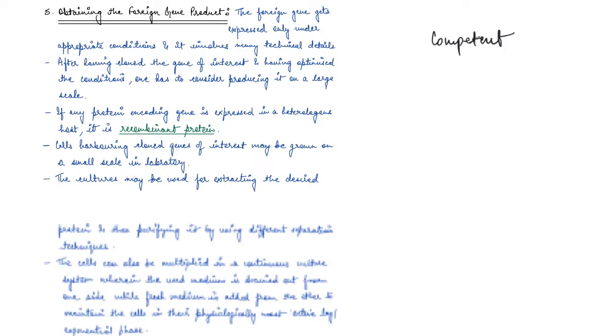In the same way, we develop a protein coding gene as a recombinant gene as well, right? And these proteins, when they are expressed, are known as recombinant proteins. Now, these cells which harbor the cloned gene of interest may be grown at an industrial level, or on a large or small scale, right? And these cultures may be used further.